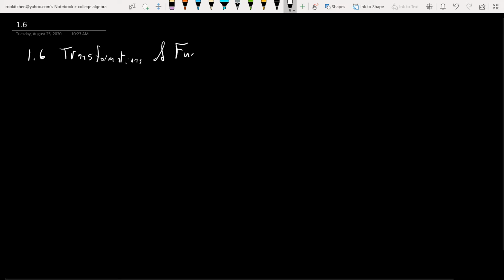So what they're going to do is build a vocabulary of graphs, and then we're going to define some operations on these graphs. It'll allow you to graph common graphs very quickly. You won't have to always default to your calculator. Okay, so let's take a look. Graphs of functions.